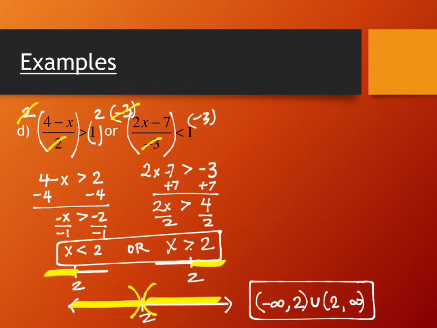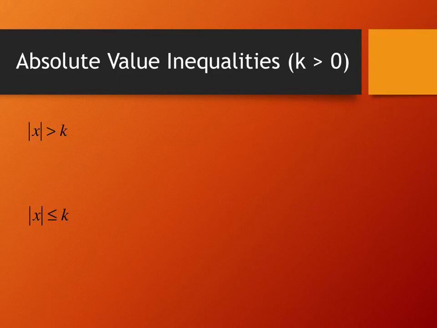Okay. So this actually leads us into the last part of what we're looking at today, which is absolute value inequalities. Absolute values, remember, are distances away from things. So if you think about a number line with 0 on it, and there's a distance k away, you can go k to the right or k to the left.